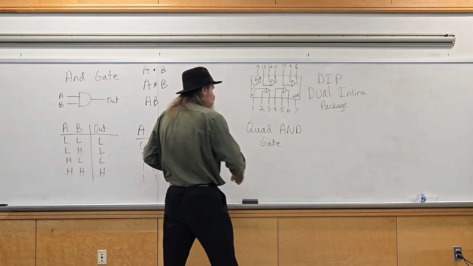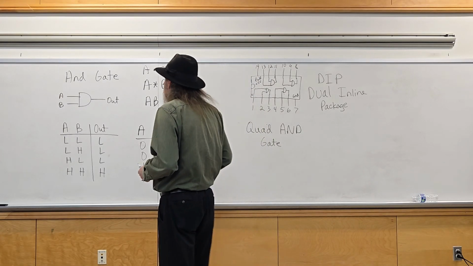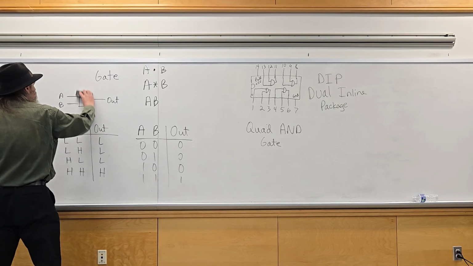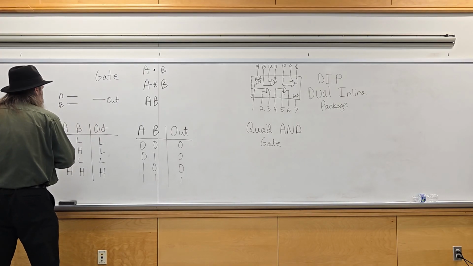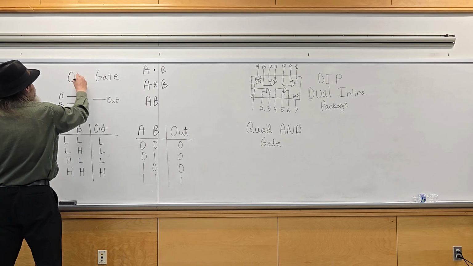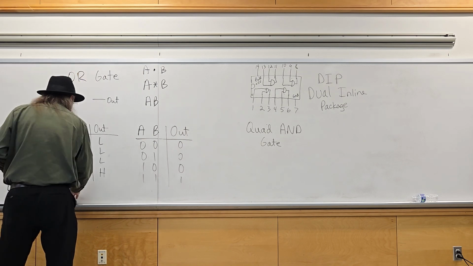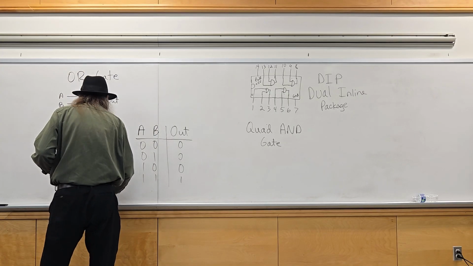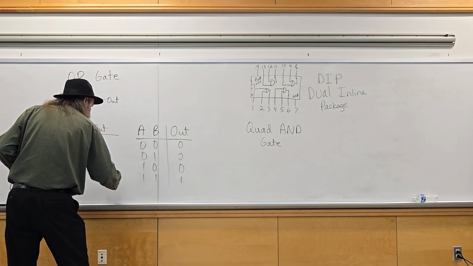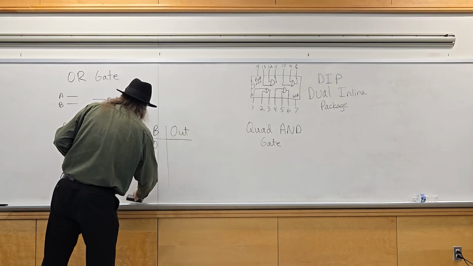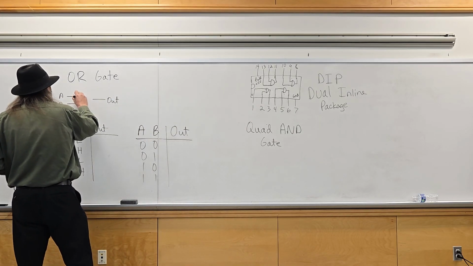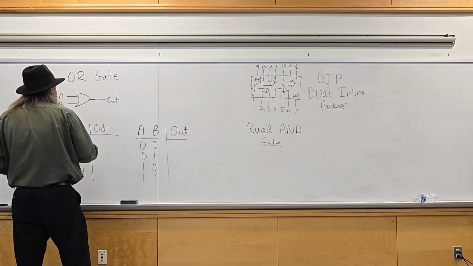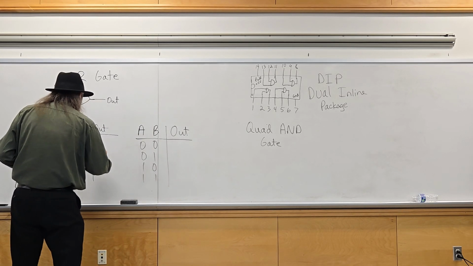The OR gate is the last gate of the three basic. The OR gate is a little bit of a funny symbol. It's kind of a stylized arrow.